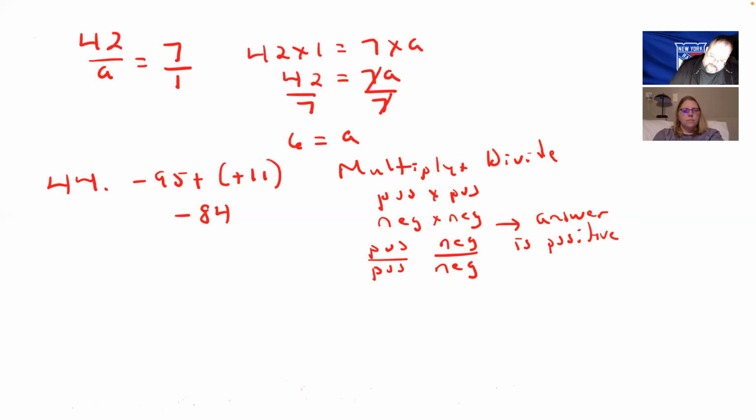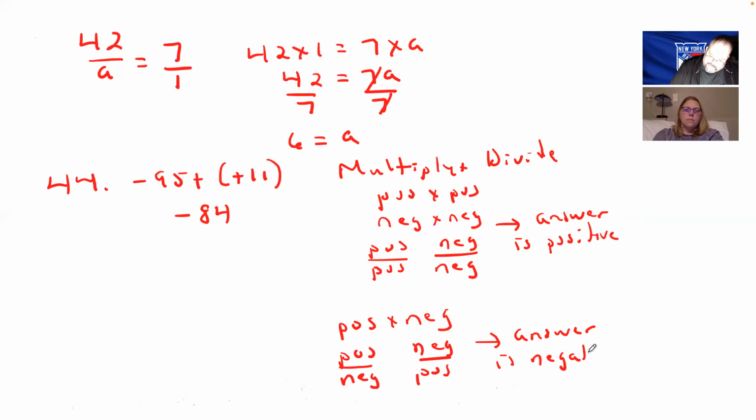And whenever you have positive times negative, or positive divided by negative, or negative divided by positive, in these cases, the answer is going to be negative. So when you multiply and divide, if the signs are the same, the answer is always going to be positive. But if the signs are different, the answer is going to be negative.